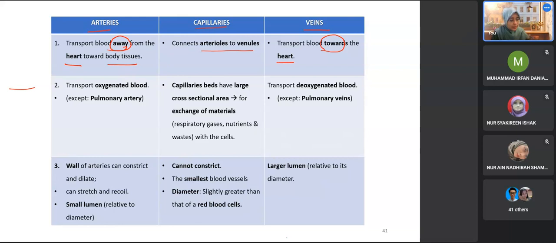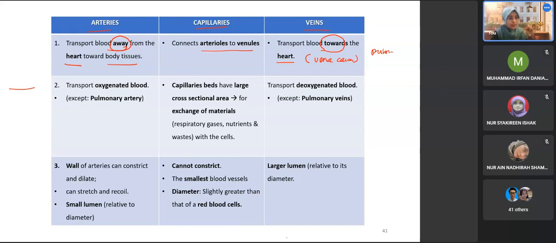Kita ada juga sebahagian dia adalah vena cava, from body tissues back to the heart, ataupun pulmonary vein from the lung to the heart.